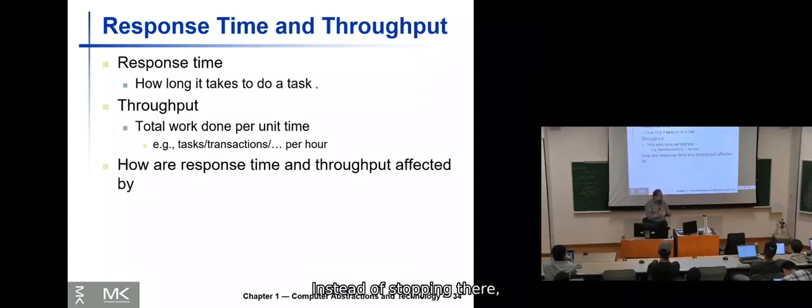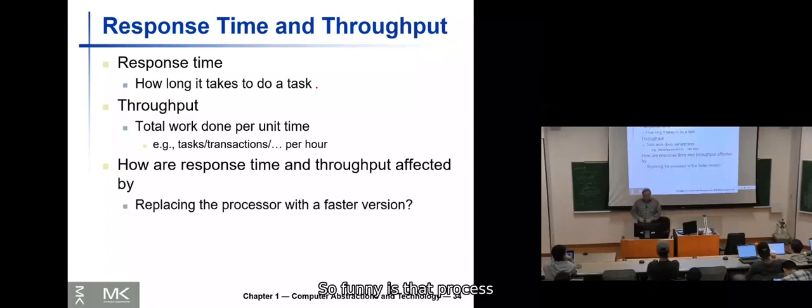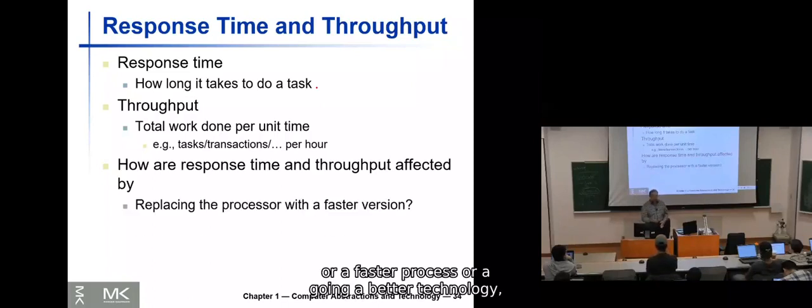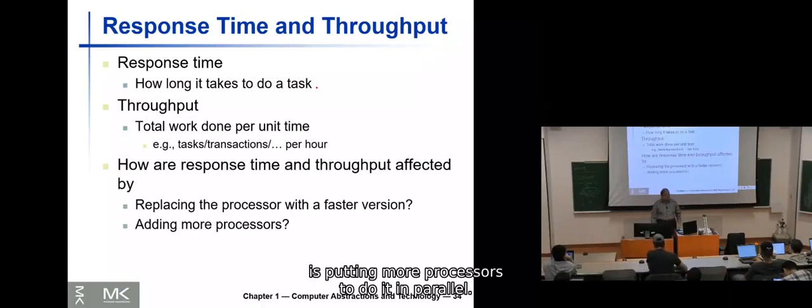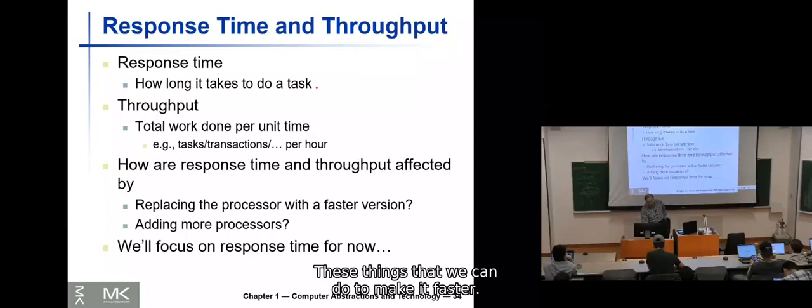So instead of stopping there, halting, it can predict and then go and do it faster. Okay, that's very good. So one is a faster processor, a better technology, a bigger processor. The other one is putting more processors to do it in parallel. These are things that we can do to make it faster.